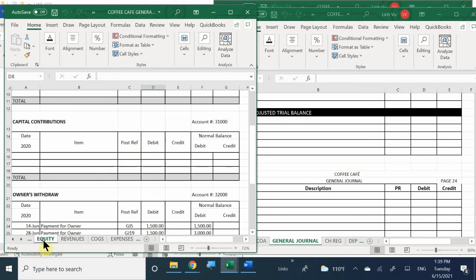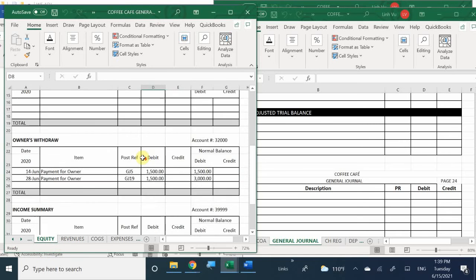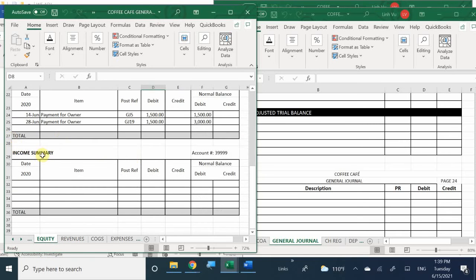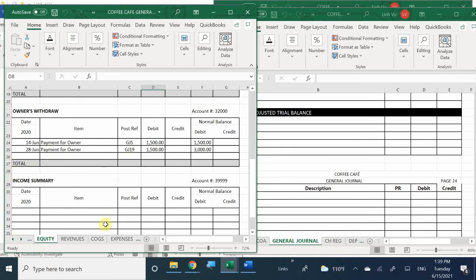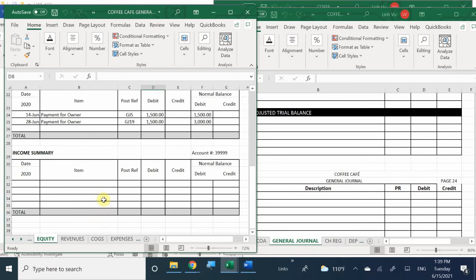If I go to my equity account, we are going to be closing out to the income summary. What this does is it properly journalizes your profit and loss.